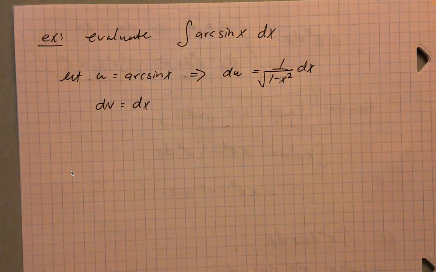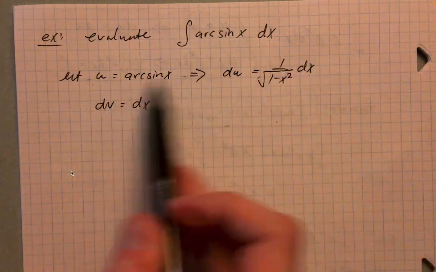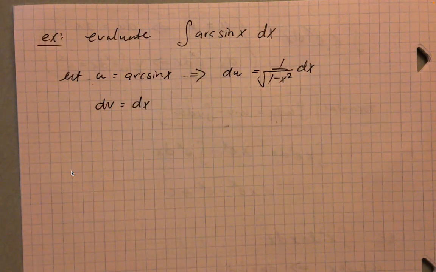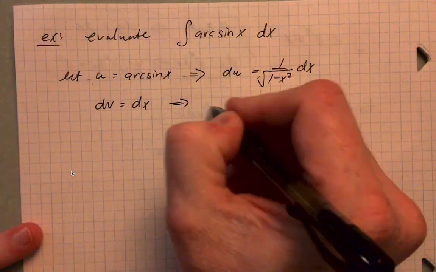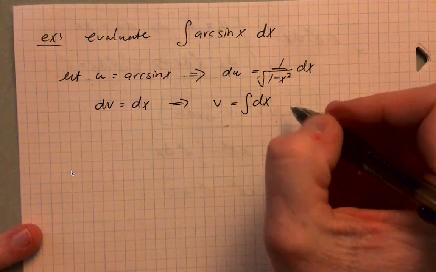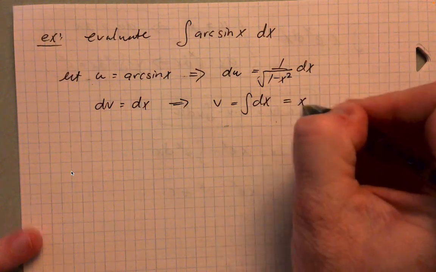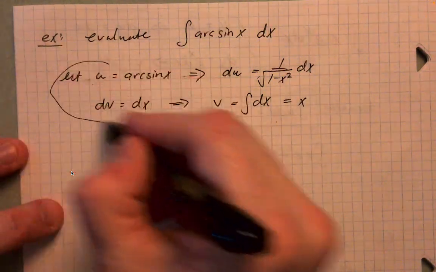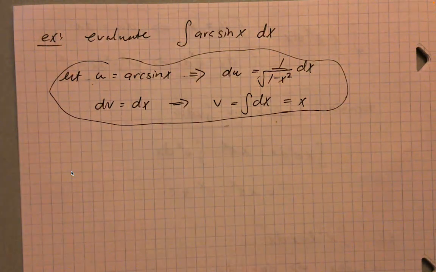Not a derivative that necessarily looks simpler, but I think in principle this is easier to deal with than the arcsine when it comes to this stuff. So then v would be equal to the integral of dx, which is, of course, just x. Okay, and so here's our substitution. Let's see if this gets us anywhere.